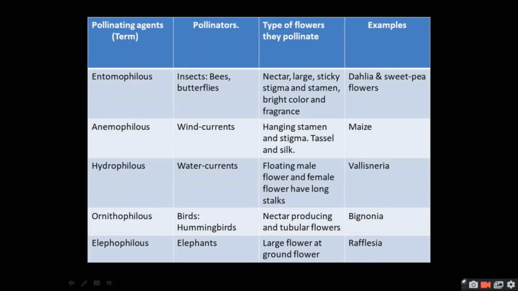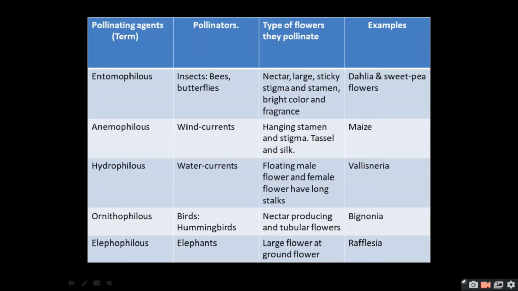This type of pollination is mainly seen in the maize flower. The male inflorescence is known as tassel, and the female inflorescence of the corn flower is known as silk. This is how the anther gets detached from the stamen and sticks to the stigma.